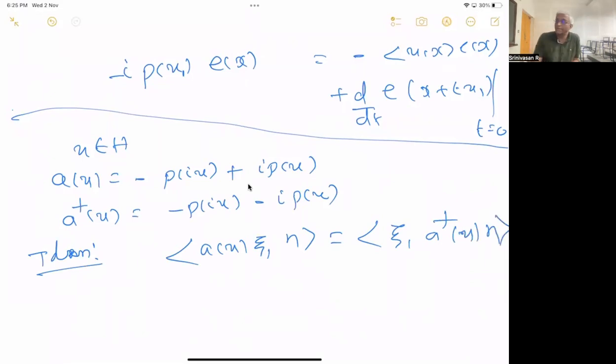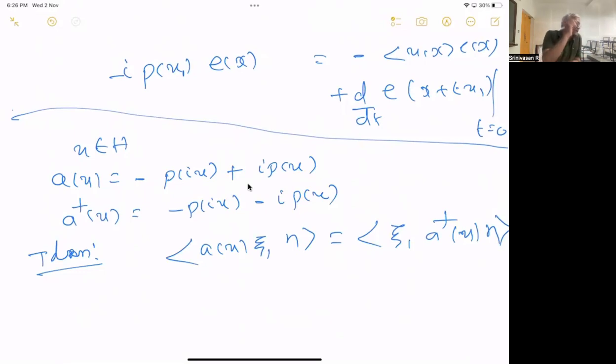Why is this clear? This is because P of u is a self-adjoint operator, which I haven't proved yet. Well, at least it is symmetric, which is clear. If you go through the definition, it will be clear.